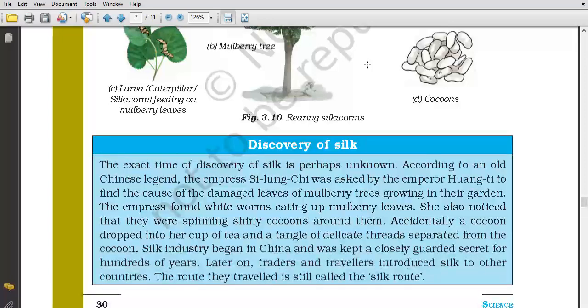She was asked by the emperor Huang Ti to find the cause of the damaged leaves of the mulberry trees.